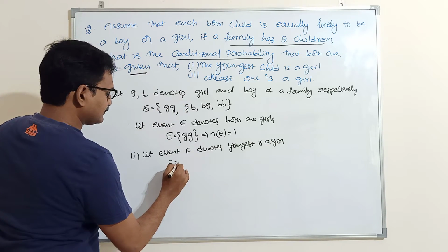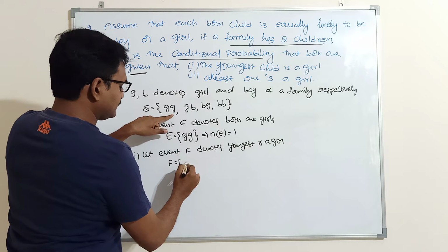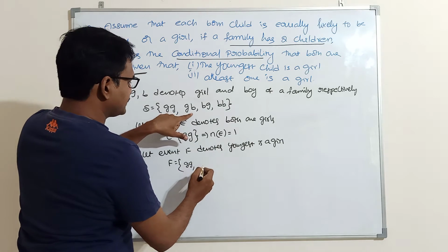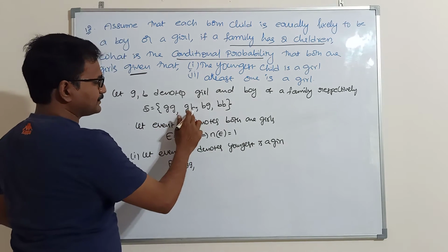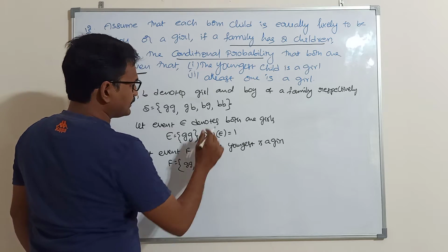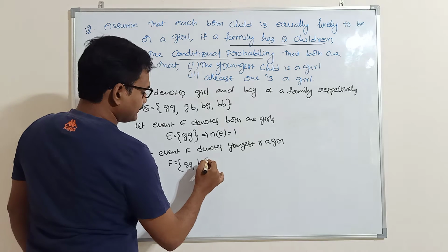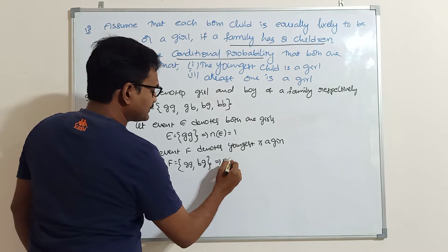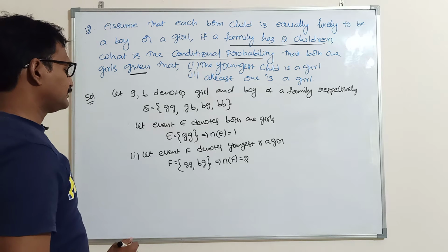So F is equal to, if you take these sample points, youngest is girl. Next, if you take these sample points, here the elder is girl and the youngest is boy. Here, if you take these sample points, youngest is girl. Next, no girls are here. So the number of sample points in F is 2.